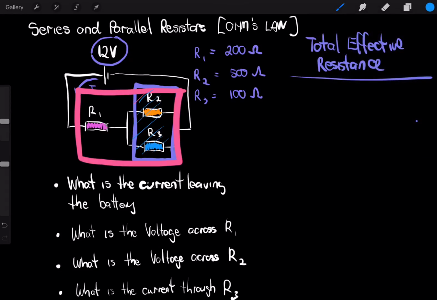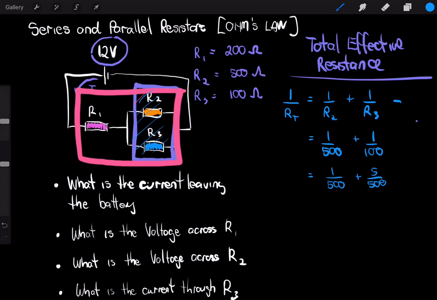Let's work out the parallel resistors first. We've got 1 on RT equals 1 on R2 plus 1 on R3. That equals 1 on 500 plus 1 on 100, which is 1 on 500 plus 5 on 500, which equals 6 on 500.